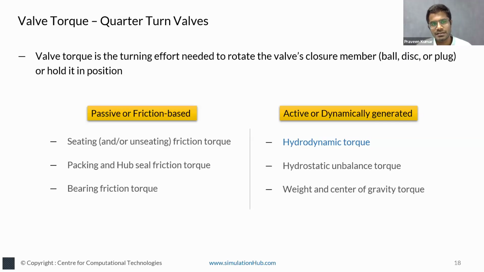That extra energy, the torque, is required to overcome this resistance. Friction based resistance is when the closure member or the rotating member comes in contact with the other parts of the valve, like seating, packing, hub seal, and bearing friction torque. So these come under the friction-based category.